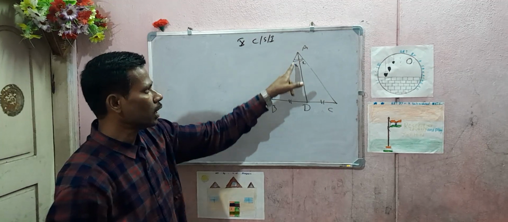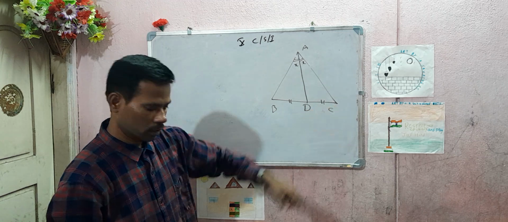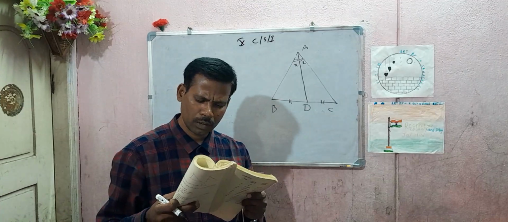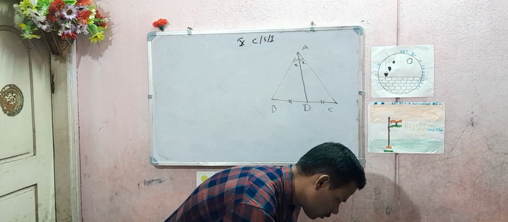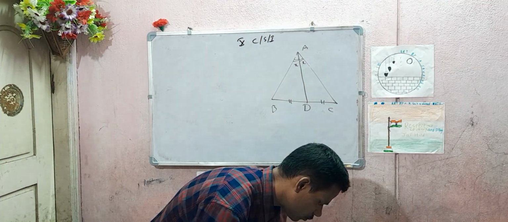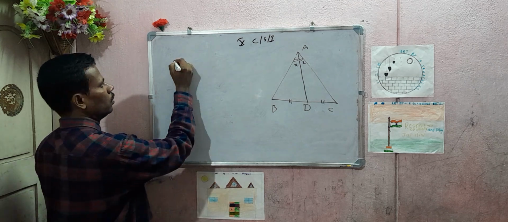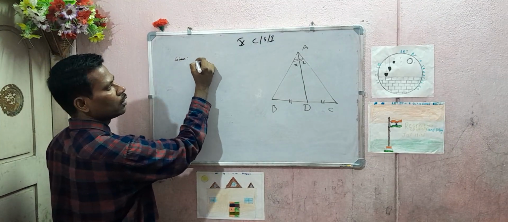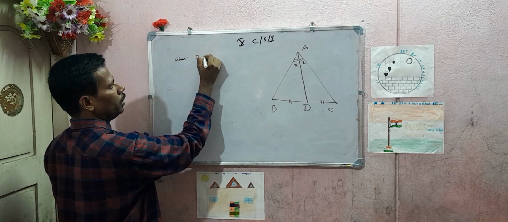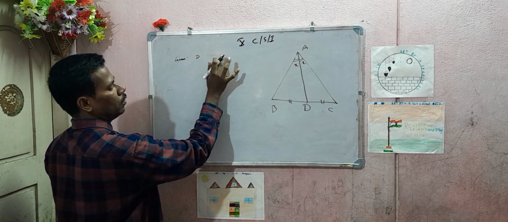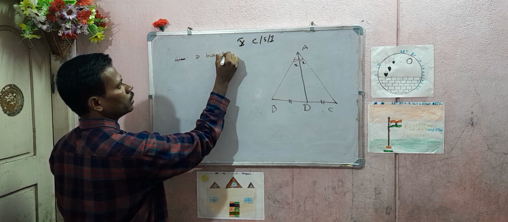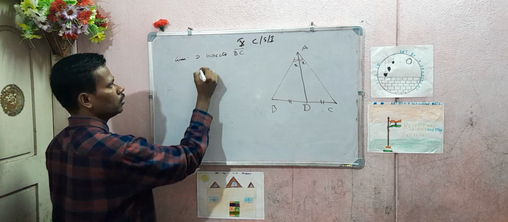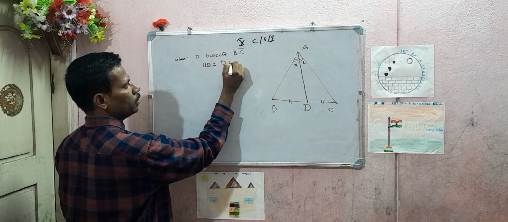If the bisector of the vertical angle bisects the opposite side, prove that the triangle is isosceles. So here, what are the given conditions? D bisects BC. That means BD is equal to DC.